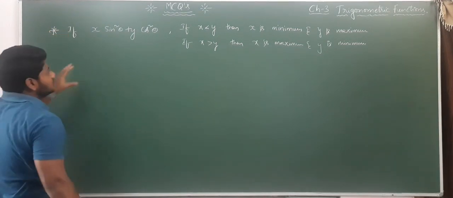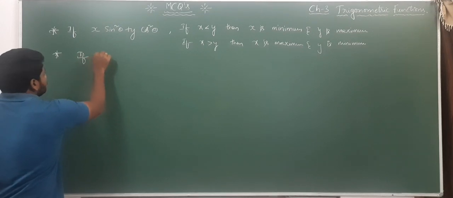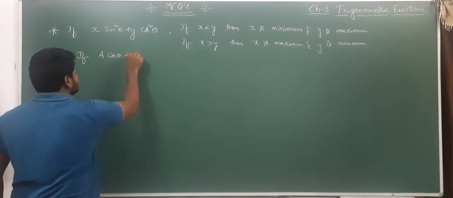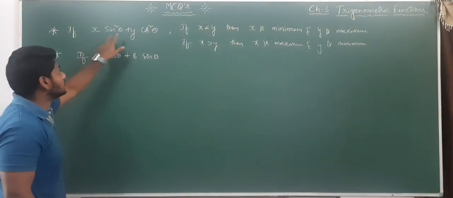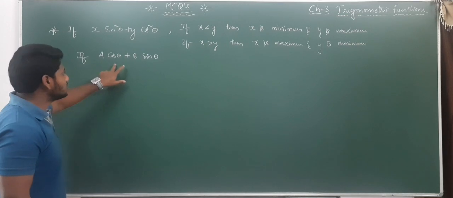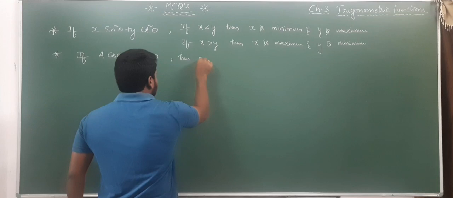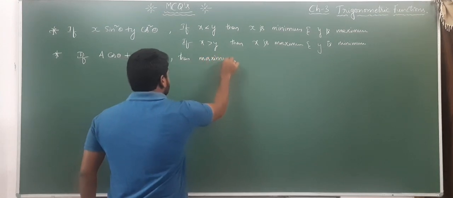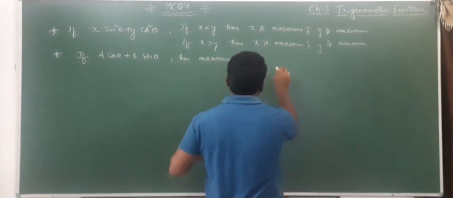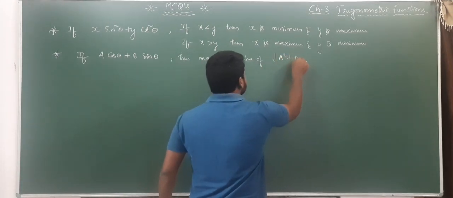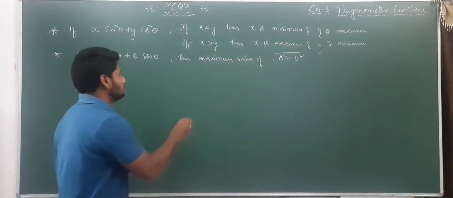Based on this also they will ask MCQs. And another form: if it is given as a cos theta plus b sin theta, instead of sin square and cos square, then to find the maximum value of this, the formula is square root of a square plus b square.